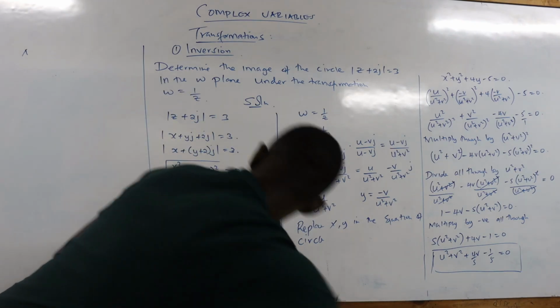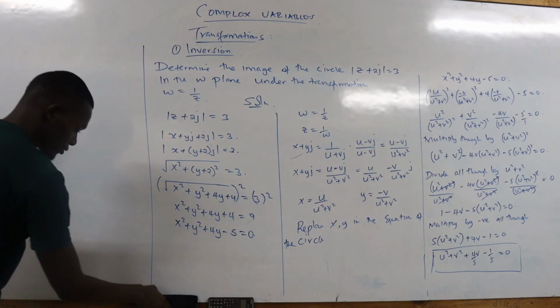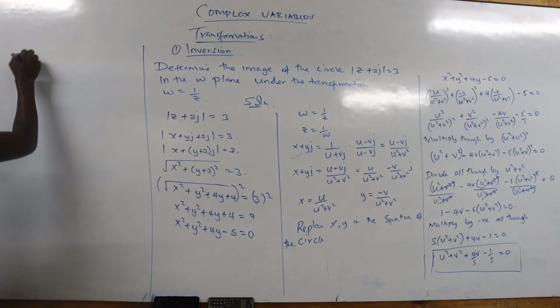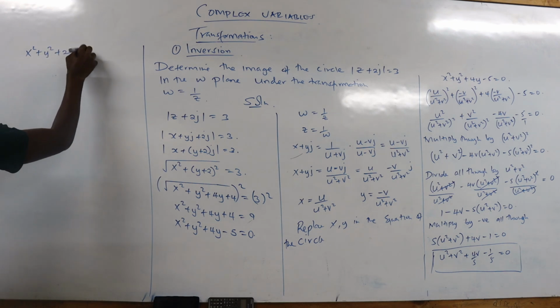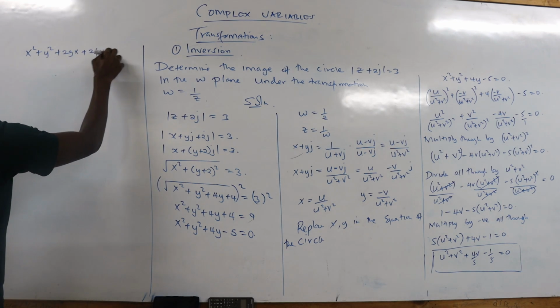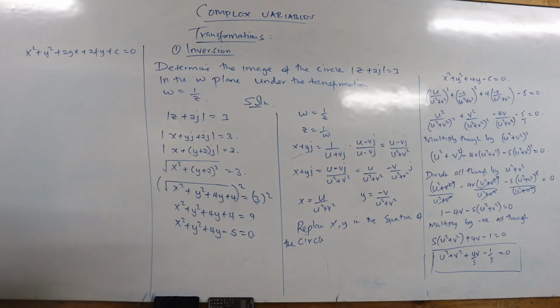So we shall have x squared plus y squared plus 2gx plus 2fy plus c equals to 0. So that is the general way of writing an equation of a circle.